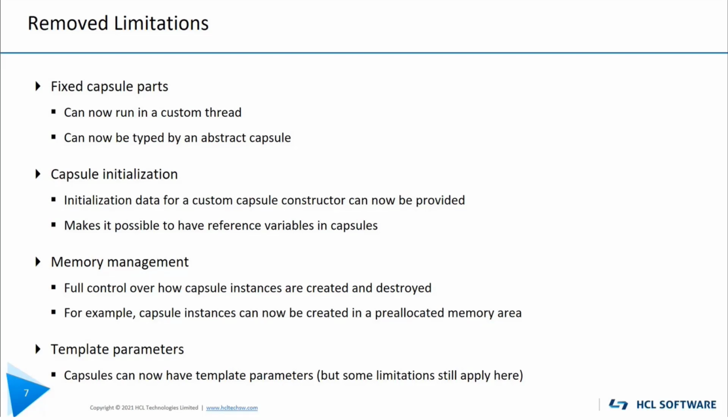For capsule initialization, you can provide initialization data using a custom capsule constructor, and this makes it possible to have reference variables in capsules, which was not possible before. Memory management we touched on, so by having a capsule factory, you can have full control over how the capsule instances are created and destroyed, like, for example, allocating them in some pre-allocated memory area. And last but not least, it's now possible to have template parameters for capsules.